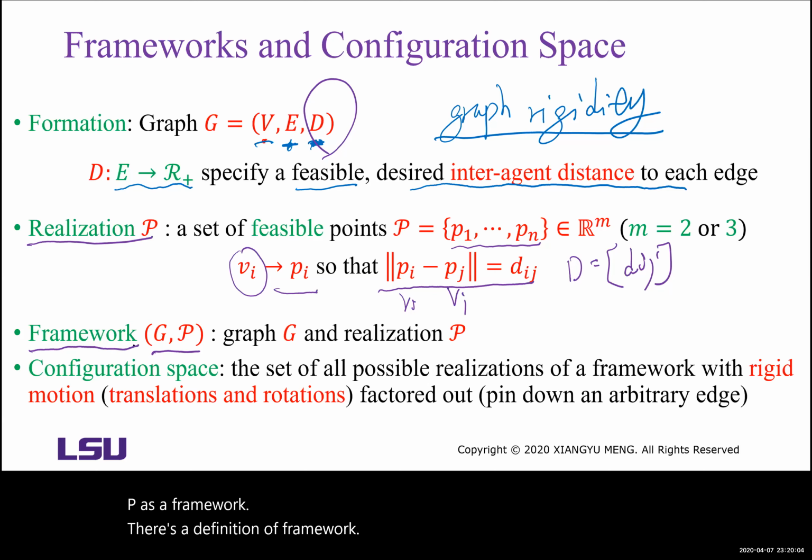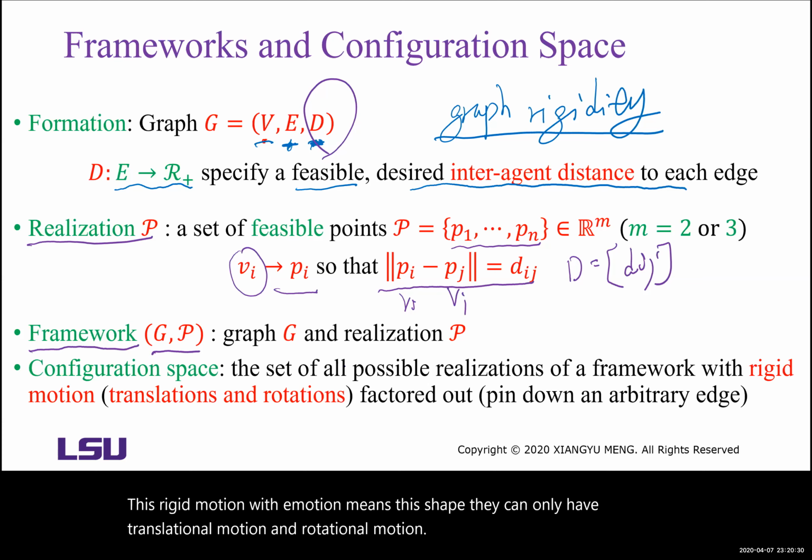Then we can define the configuration space. It is the set of all possible realizations of a framework up to rigid motion. Rigid motion means this shape can only have translational motion and rotational motion.